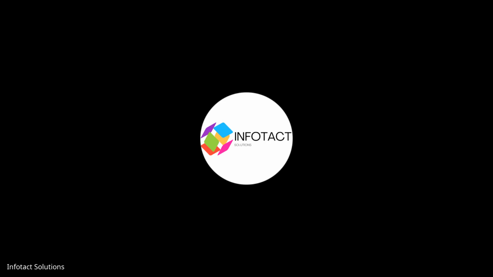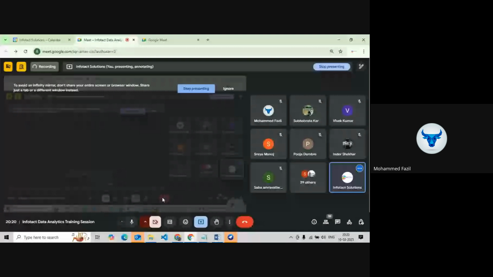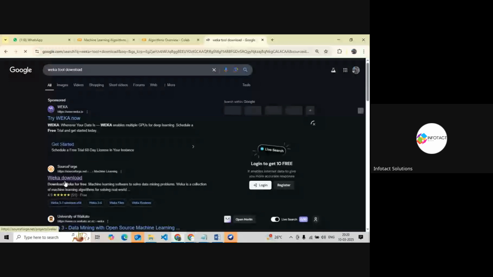Clear, Weka tool. Everyone, my screen is visible to all? Yes, sir. So how to download? Go to your Weka tool. Download from here.